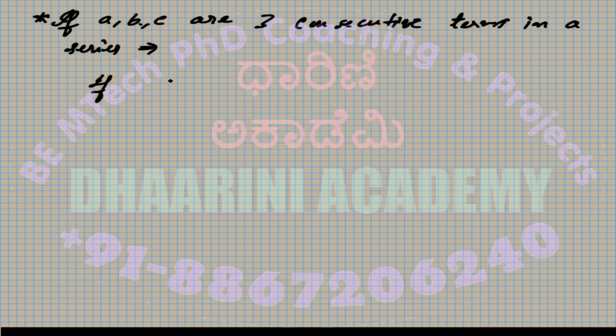First one, if A minus B divided by B minus C is equal to 1, this means the series is AP. It's an arithmetic progression.